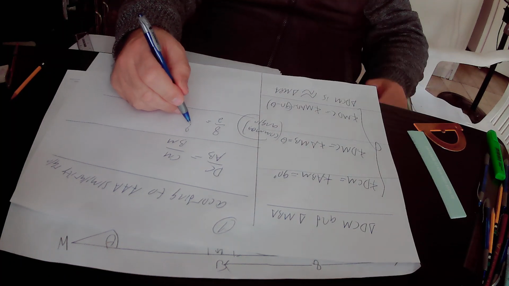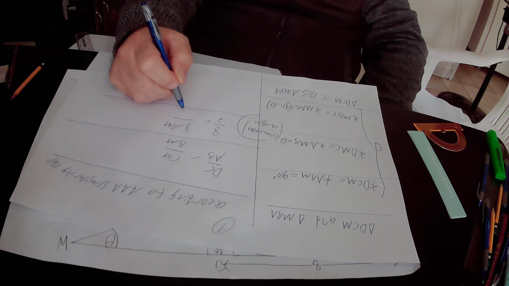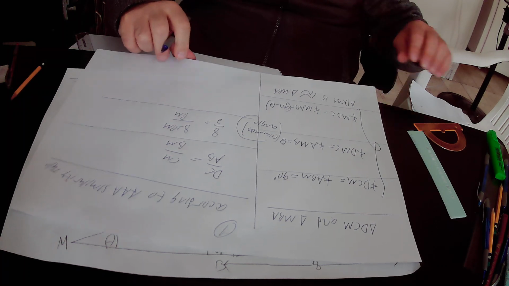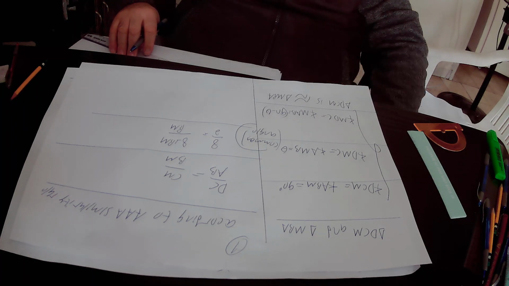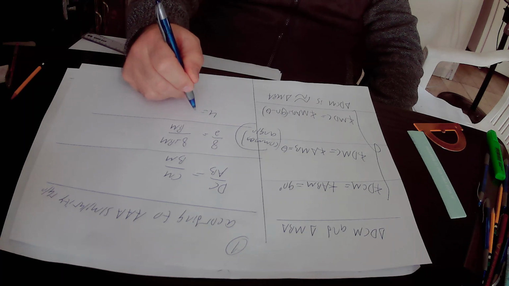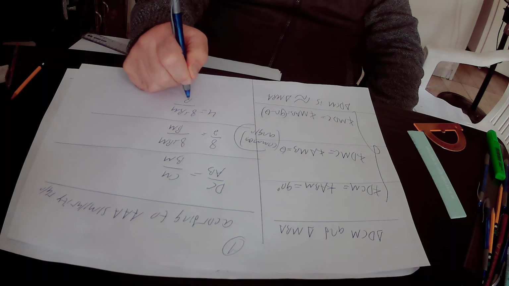So here CM equals 8 plus BM, over BM. So in conclusion, we found that 8 over 2 equals 8 plus BM over BM. 8 over 2 is 4, so 4 equals 8 plus BM over BM.